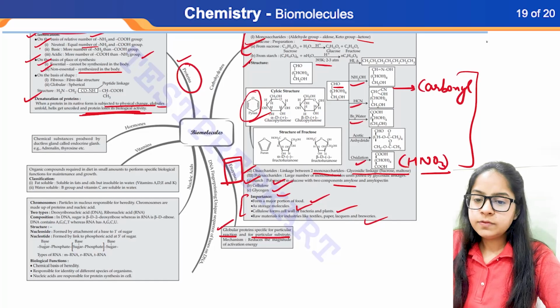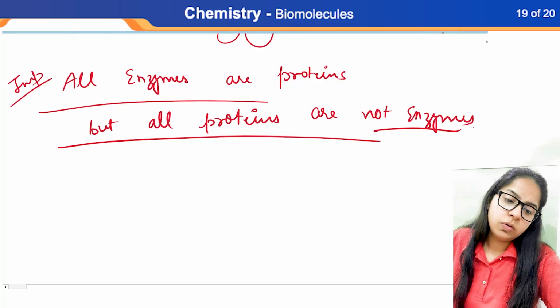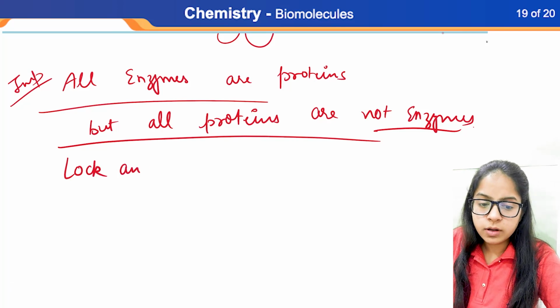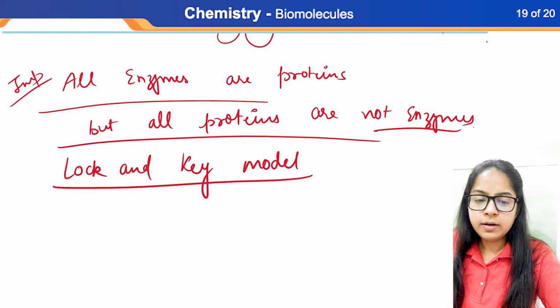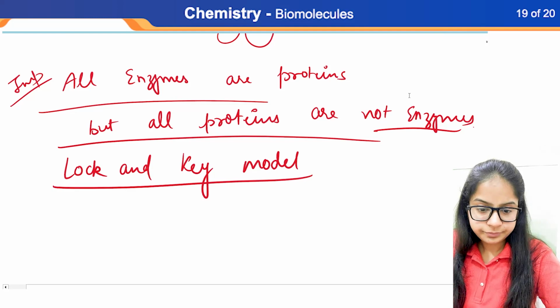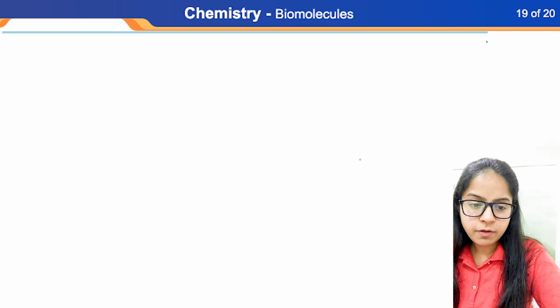Okay, next one is based on the lock and key model. As already said, enzymes are particular for a particular type of reaction.